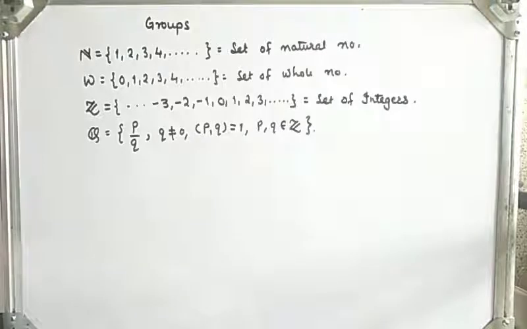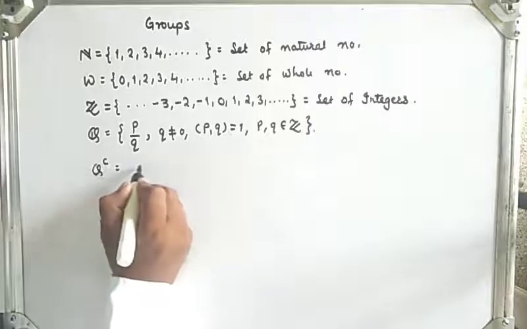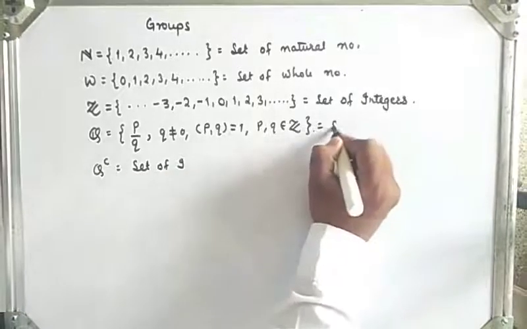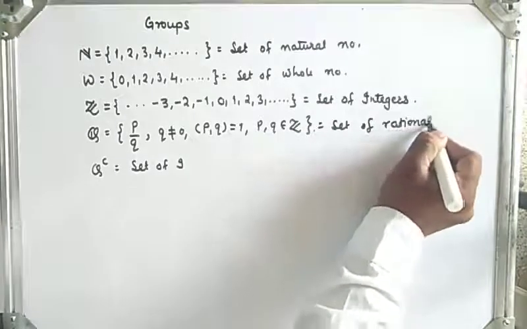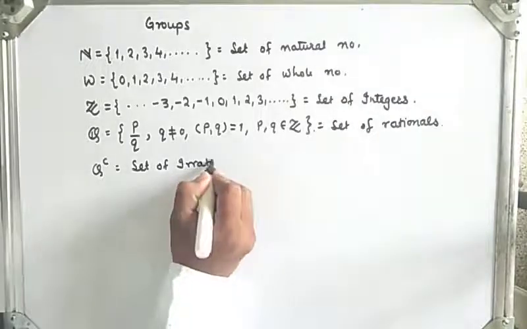So this is the set of rational numbers, and Q complement is the set of irrational numbers.